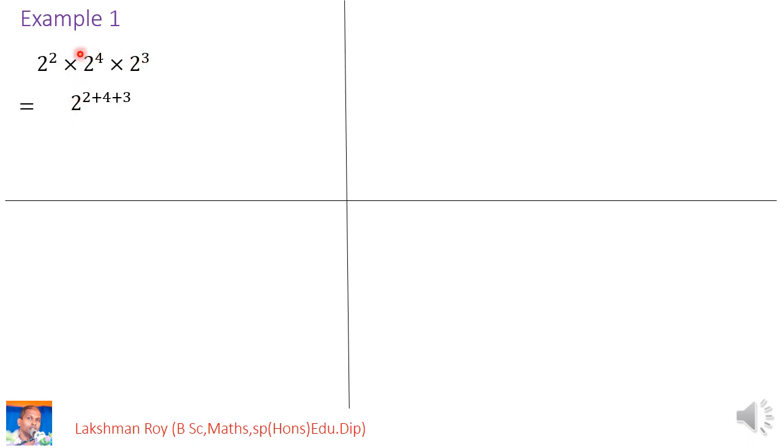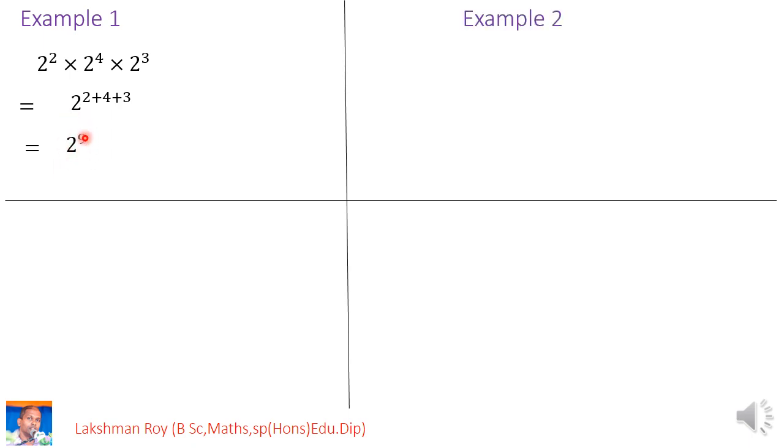Now I'm not going to write the product in expanded form. 2, 4, 3 you can add. So what is the answer? 2 plus 4 plus 3, that is 2 to the power 9. So that is the answer in index form as a power.